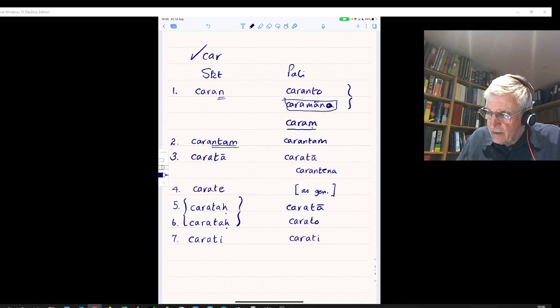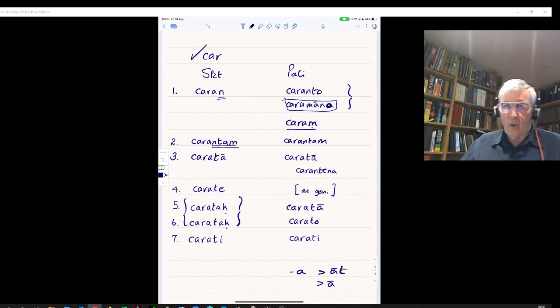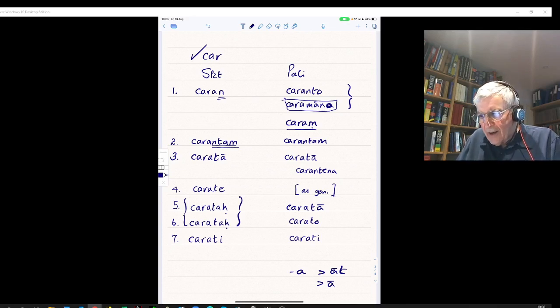because in the ablative of the a stems, in Sanskrit it becomes -āt, and in Pali just -ā, or -amhā, or -asmā, but ending in this long ā. And that's possibly why, even when Pali is using the more classical consonantal stem Sanskrit form, it's got this ā by attraction, as it were, to reflect the ablative.